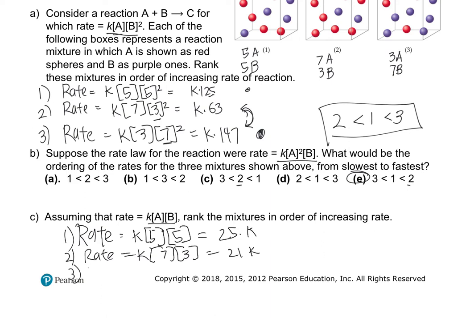And then 3 rate equals K, and now 3 times 7. So that is also 21K. So it's going to be 2 and 3 are the same, and those are both less than 1.